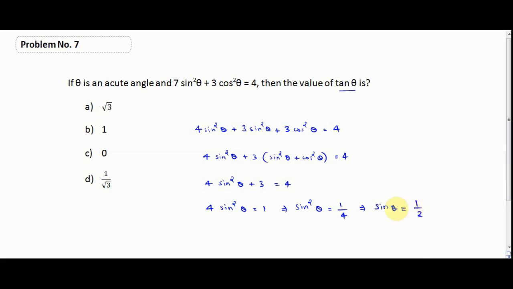So sine theta equal to 1 by 2 is valid when theta is equal to pi by 6, that is 30 degree. And we are asked to calculate the value of tan theta. So tan pi by 6 or tan 30 degree is nothing but 1 by root 3. So here the right answer is given by option D, 1 by root 3.